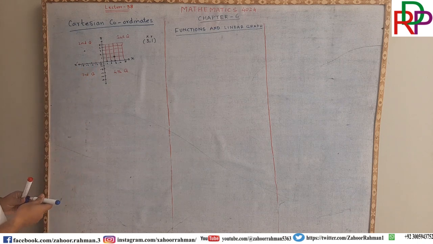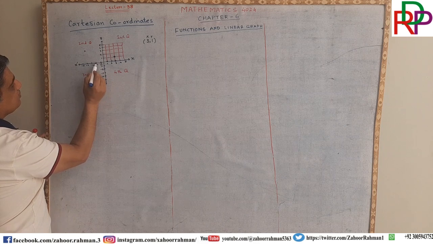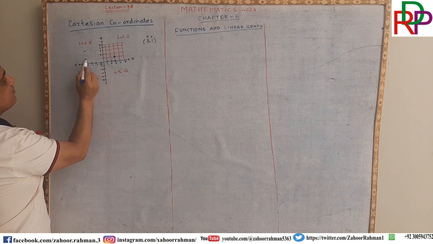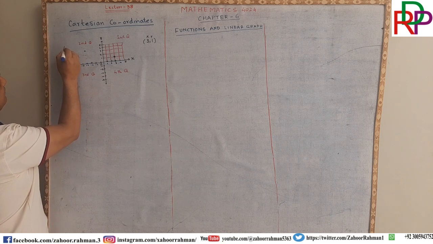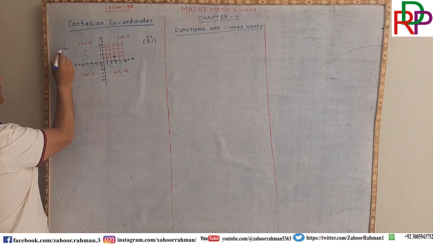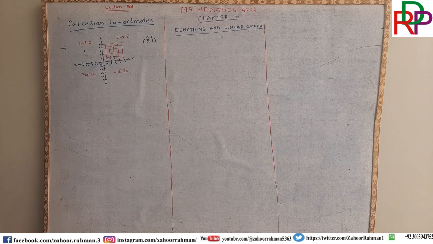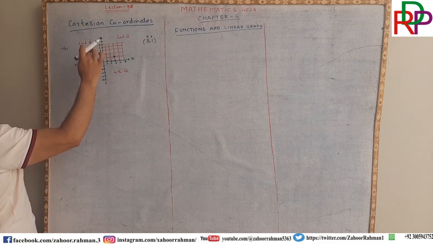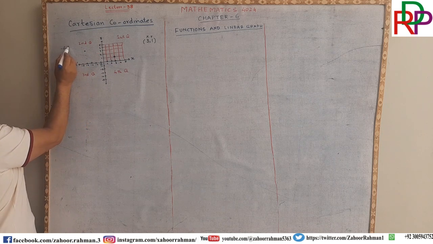So if you want to specify this point, first you have to move horizontally towards the left side, 1 2 3 4, and then 1 2 3. So you have to write minus 4 because you are going minus 4, and then you have to go toward the positive y axis, 1 2 and 3.